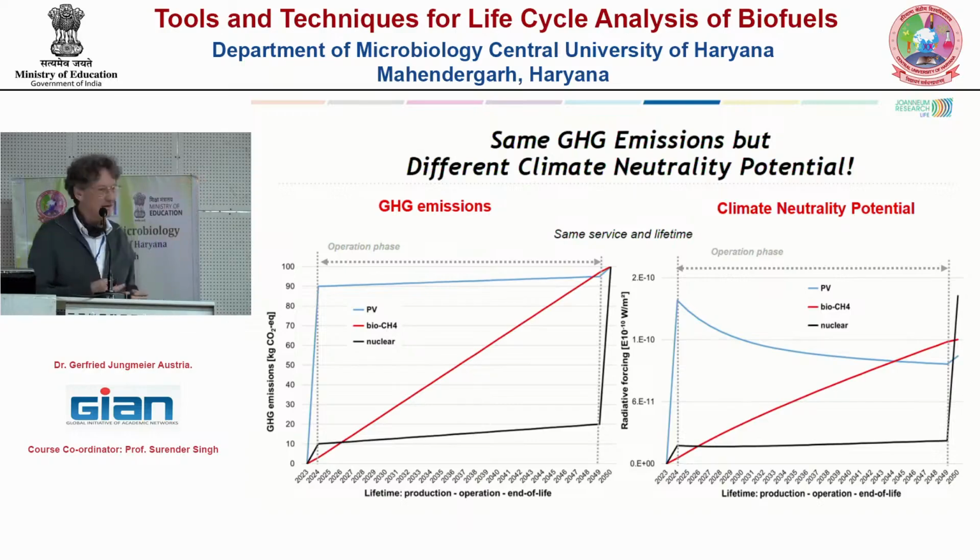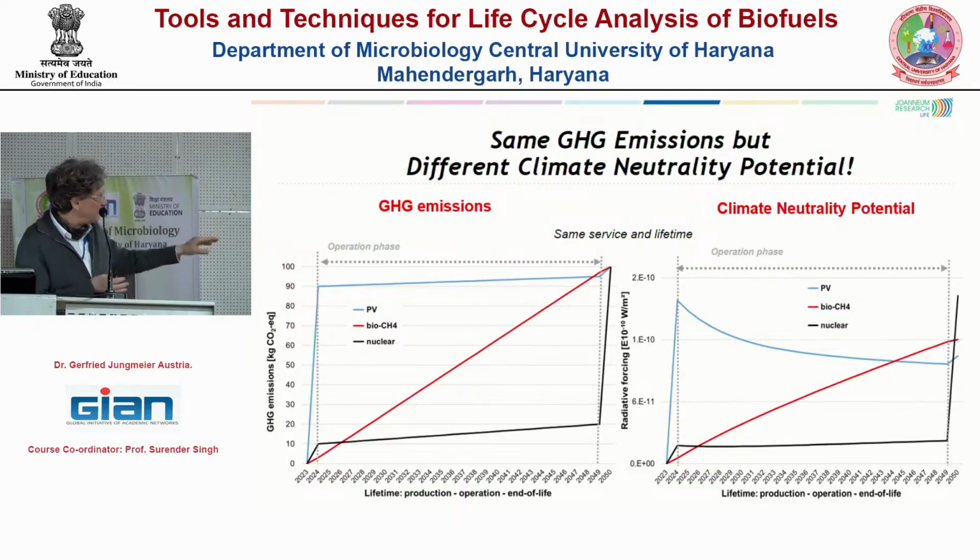And you see here, for example, the photovoltaic has the biggest emissions when you produce it. That's clear, because once you put it up, the sun is shining, you have no additional effects. As it emits at the very first time, it has in the beginning the highest radiation potential, but then due to the decrease of the emitted greenhouse gases, the blue line is going down.